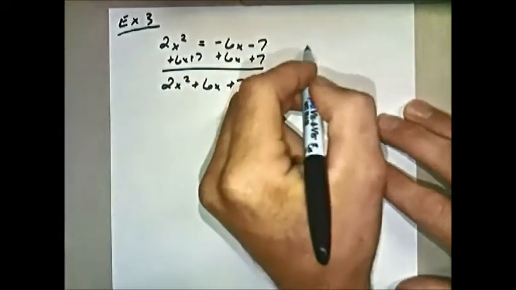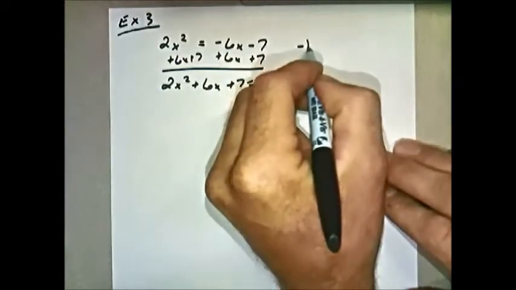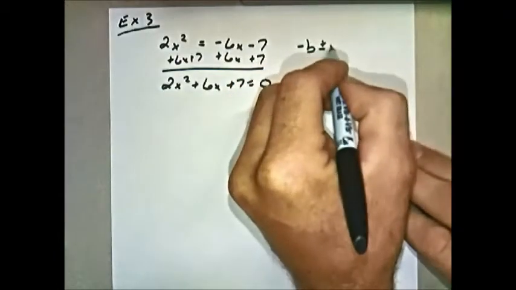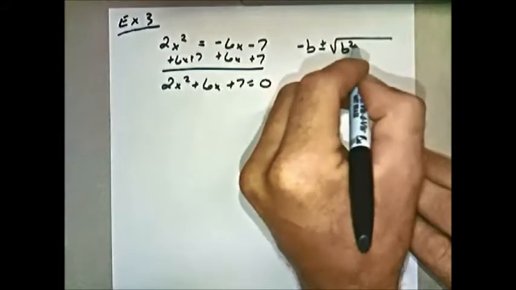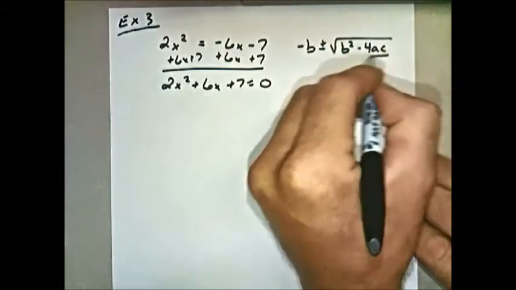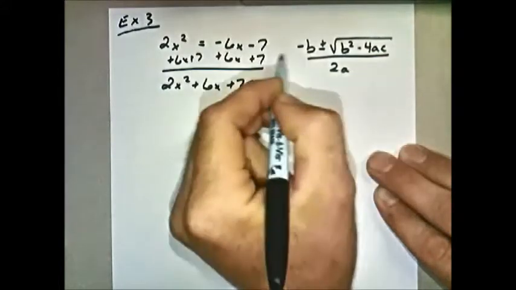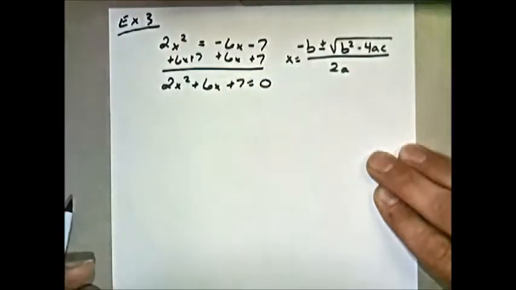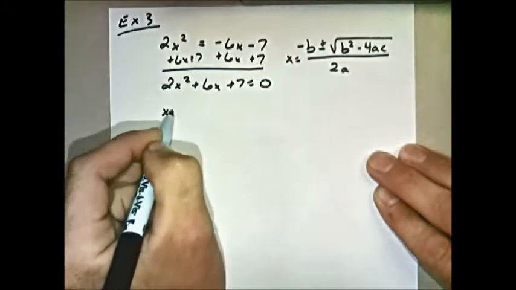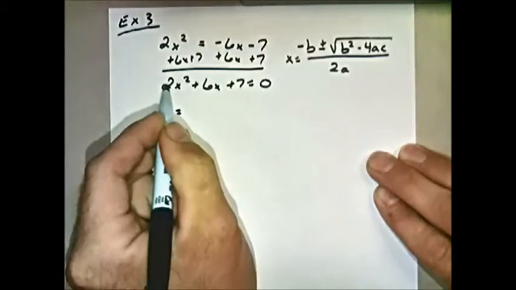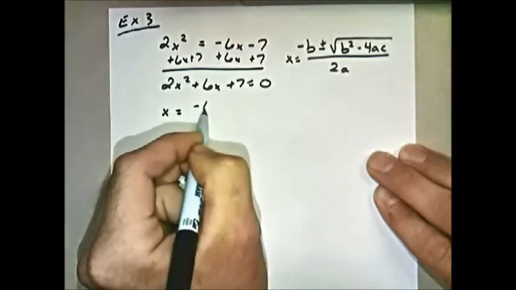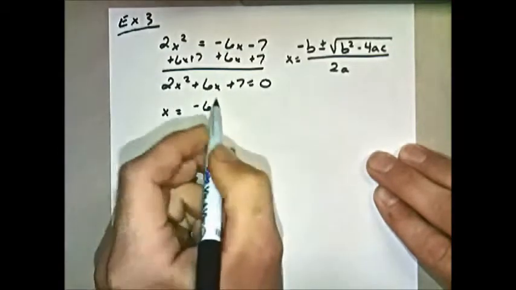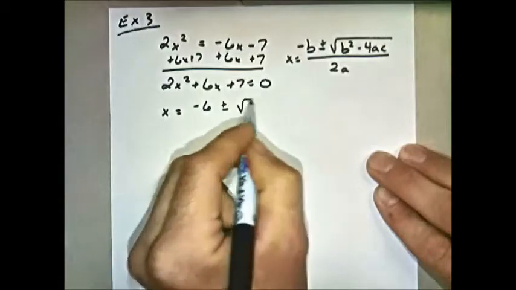So again, our quadratic formula, remember, is negative b plus or minus the square root of b squared minus 4ac, all over 2a. And that's what x equals. So our x equals negative 6 from our b value plus or minus the square root.